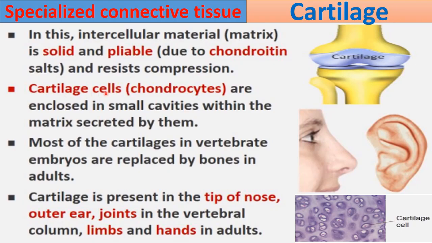Cartilage cells are called chondrocytes. Cytes means cell, and chondro is for chondroitin salts, because inside these cells chondroitin salts are present. That's why they are chondrocytes, or cartilage cells. These chondrocytes are enclosed in small cavities within the matrix secreted by them.